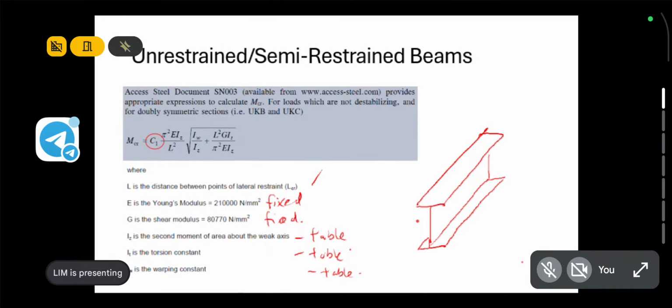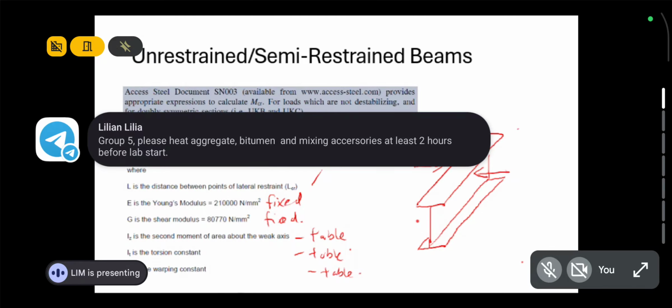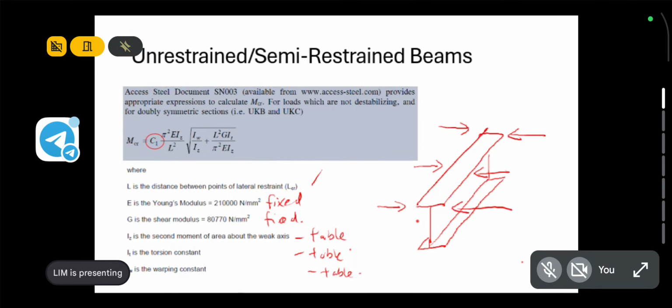Now, if your beam has some sort of restraint, but it's semi-restrained, this L is applicable. Let's say I have some sort of restraint in the middle of the beam and at the end of the beam. Okay, I have some restraint at the ends, I have some restraint in the middle.